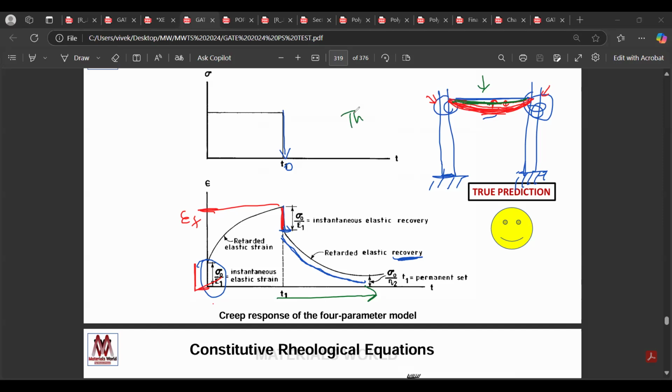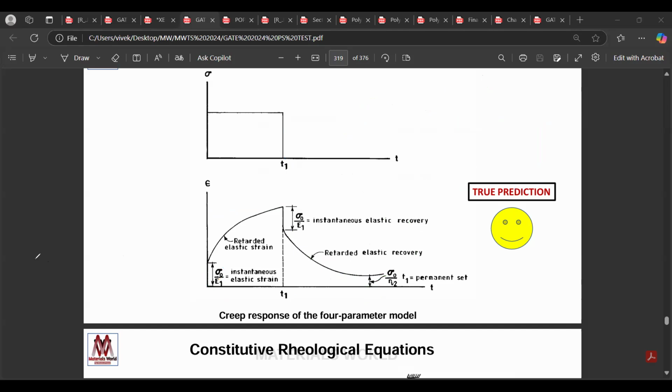I'm not talking about thermal expansion, guys. Don't take thermal expansion or temperature into consideration, because it's just pure chain recovery and chain elongation. It's a rheological effect that we are discussing here. So all the strain will recover, and the strain that is recovered is called elastic recovery. And this is the part that is responsible for die swelling.